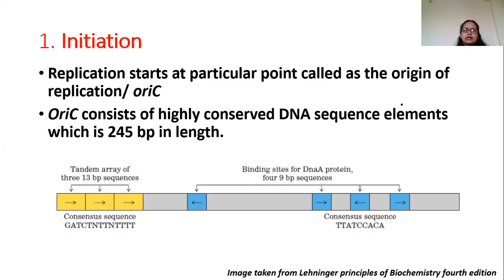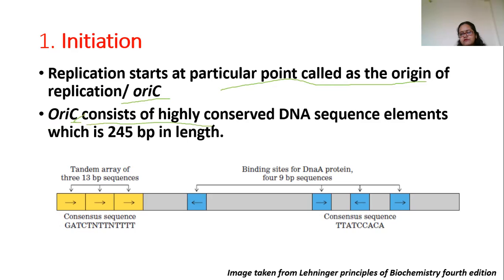For initiation, we know there must be a particular site or point at which the replication starts. That particular point is called the origin of replication, or oriC. Ori stands for origin, the origin of chromosome replication, and C stands for chromosome.